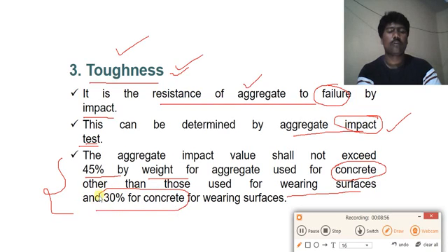So these are the minimum values for the aggregates to be considered when using these aggregates in practical applications. We will get to know much more detail, and these ratios and percentages will be much clearer in the testing of aggregates.